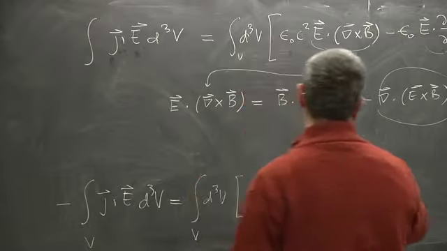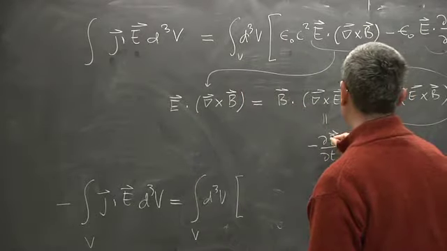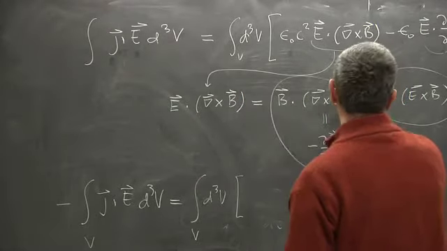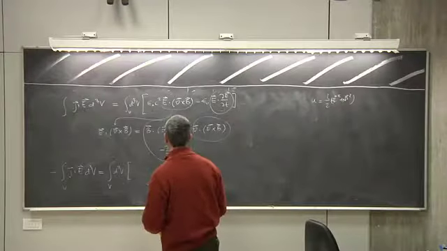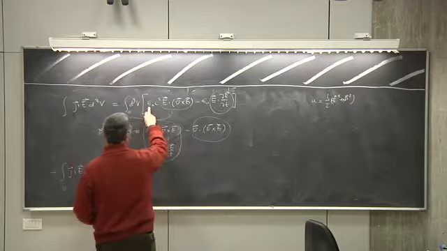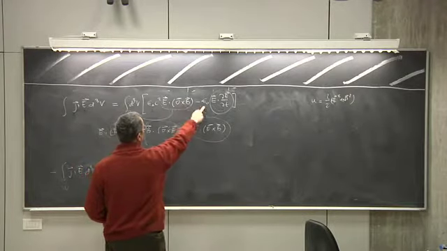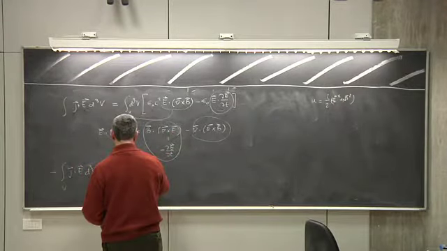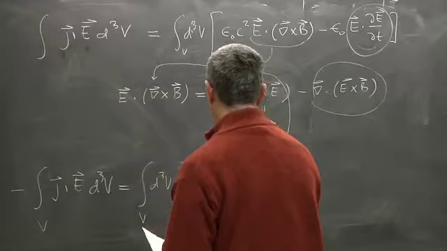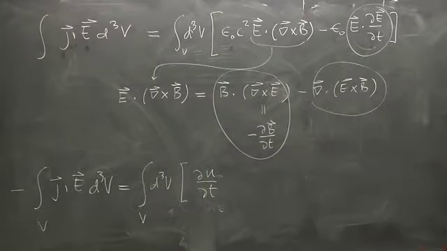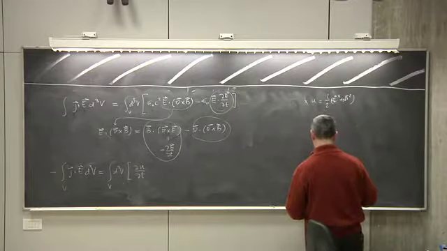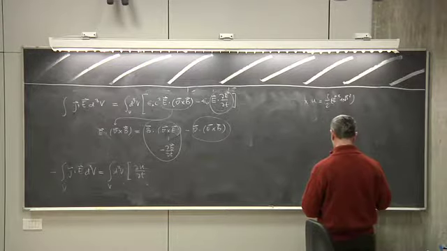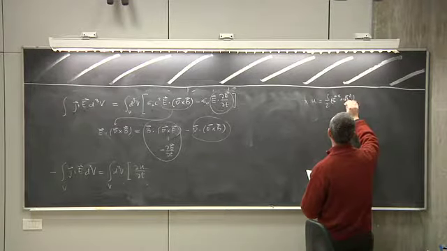You see this term here and this term here, this is mu naught, this is epsilon naught, so it's just du/dt, where u is this one: B squared over mu naught.